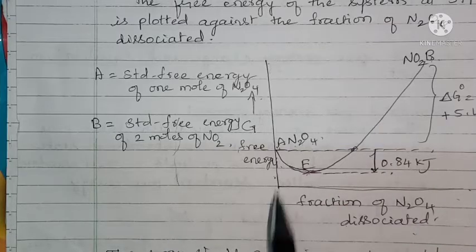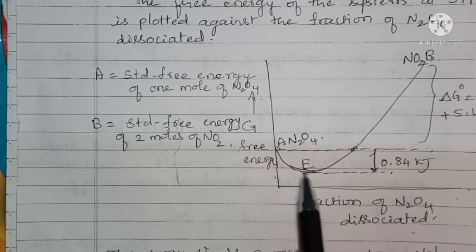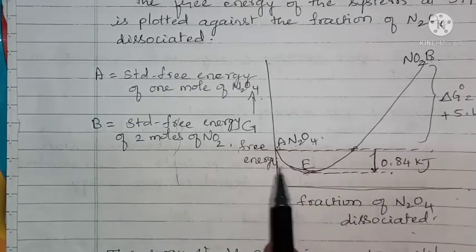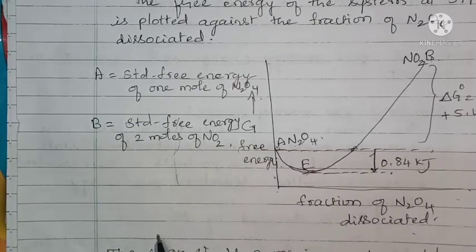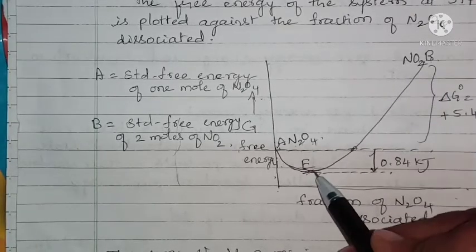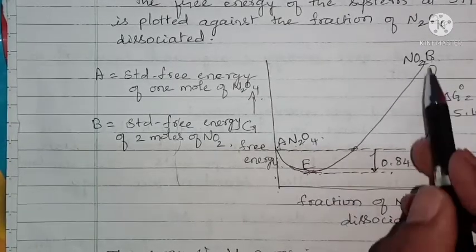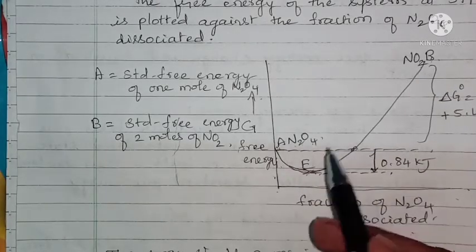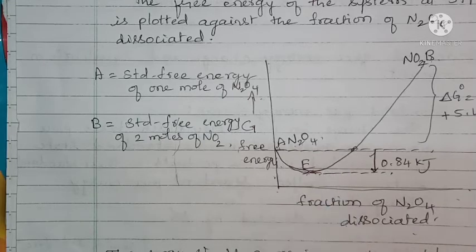Because of that, whenever we consider these two, there is a decrease in the delta G value, so the forward reaction is possible. Whenever we compare these two values, E has a negative delta G value compared to NO2, so the backward reaction is also possible. So this reaction is possible in both directions. Okay.